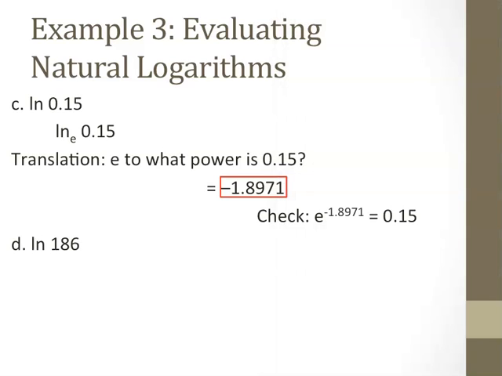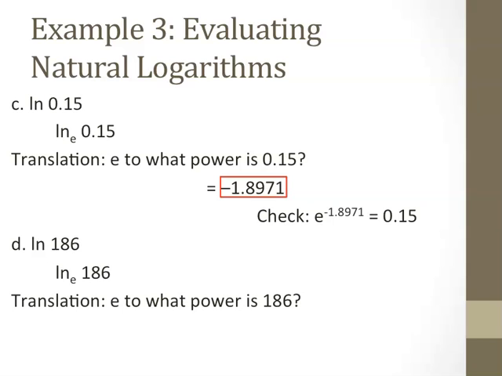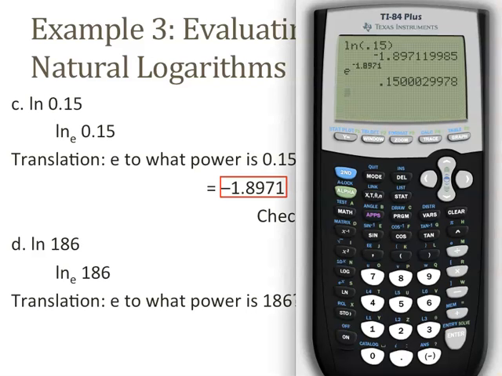Okay, let's go ahead and look at the next one. We have ln of 186. So similarly, you could ask yourself, e to what power is equal to 186? But again, this is probably going to require you to use a calculator. So let's bring the calculator out again, and let's go ahead and find ln of 186. And it looks like it comes out to be about 5.2257.